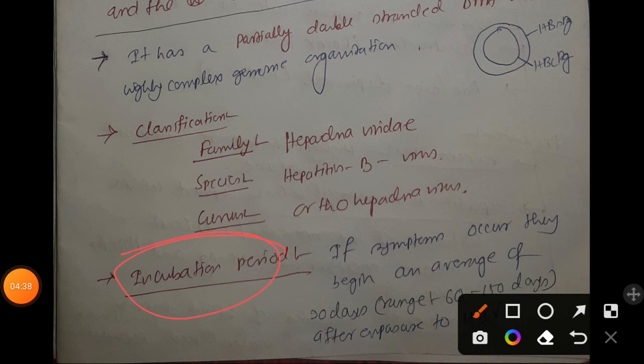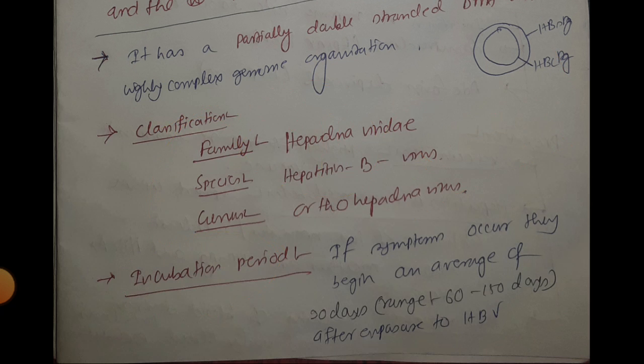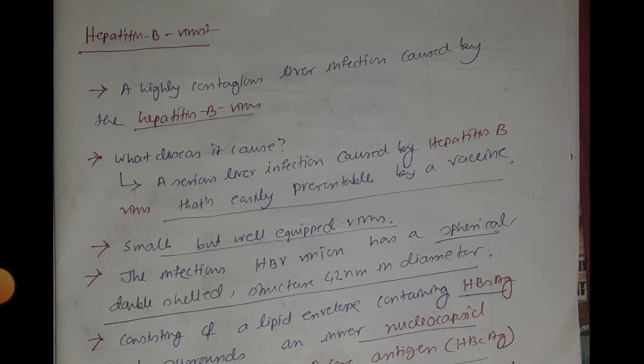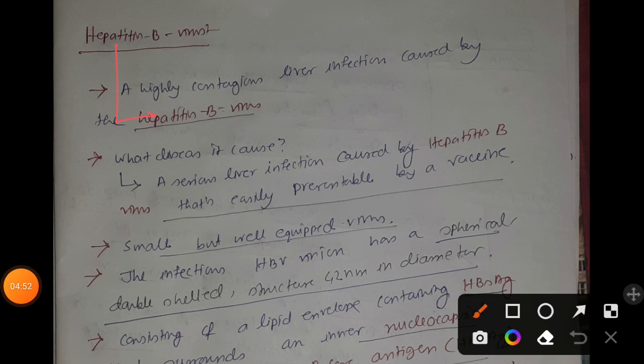The incubation period is on average 90 days, within a range of 60 to 150 days after exposure to HBV. So what have we learned? We have learned that hepatitis B virus causes a contagious liver infection that can be easily prevented with the help of a vaccine.